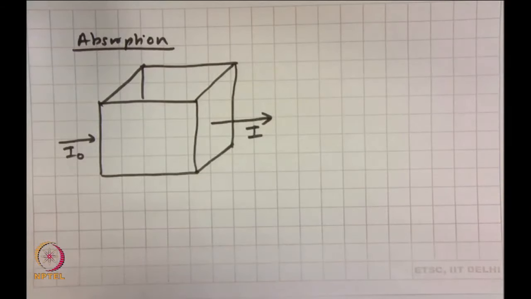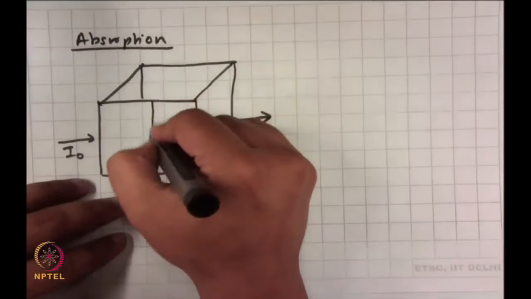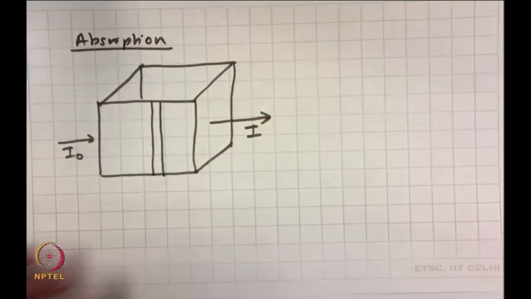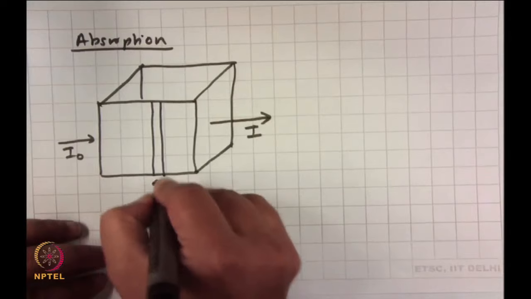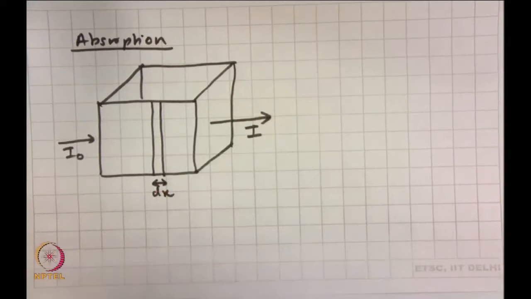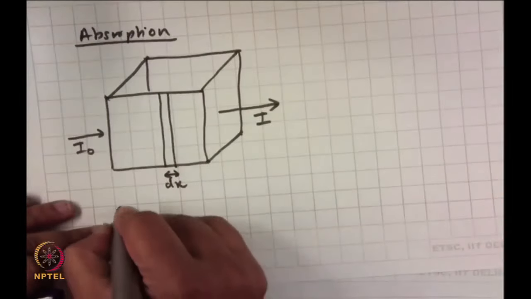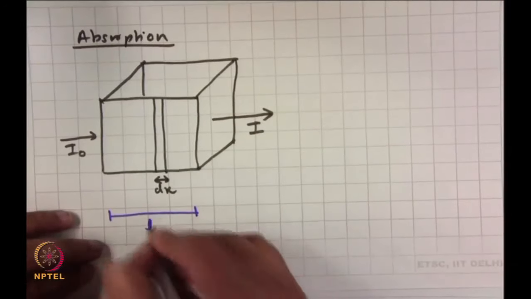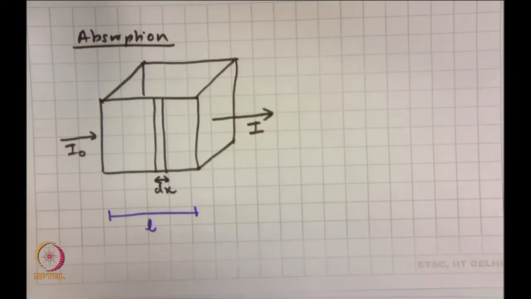Now, what I do is in this I take a very small section, I say this is dx, very small section d of x, and what I also give you is the length of this is L, okay. So, total length is L, the total length of the absorbing medium, right.